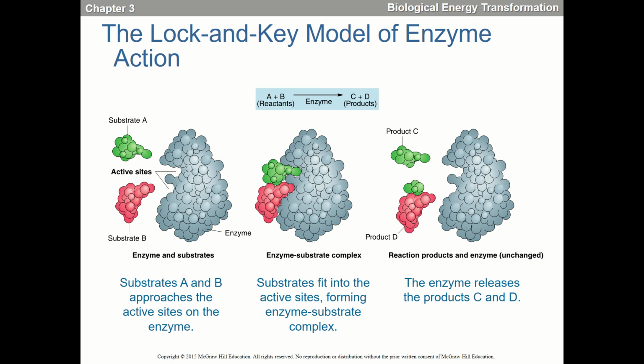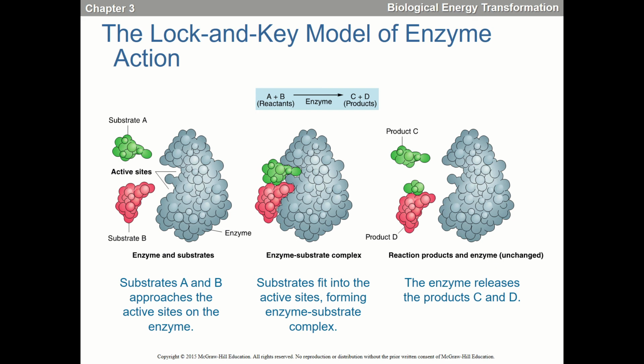Those substrates fit into the enzyme like a lock and key, meaning that there's effectively one enzyme that was more or less put together to fit those particular substrates. Now, that's how it was taught for a fairly long period of time, and I think there's still some evidence to believe this.